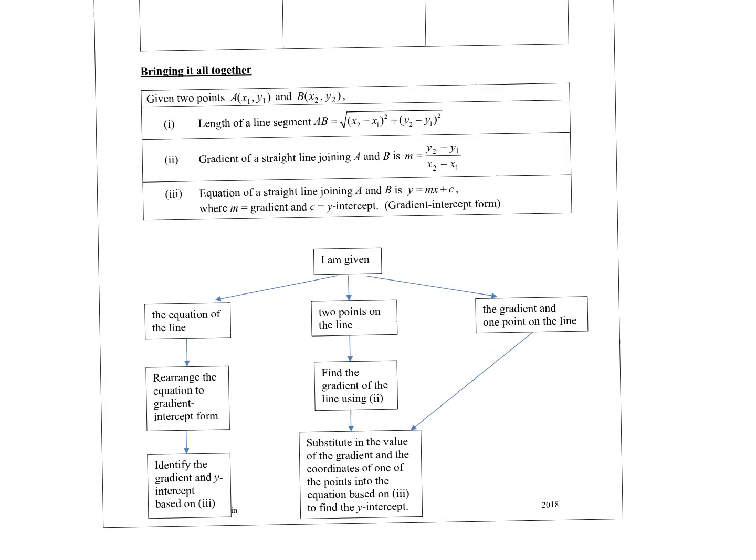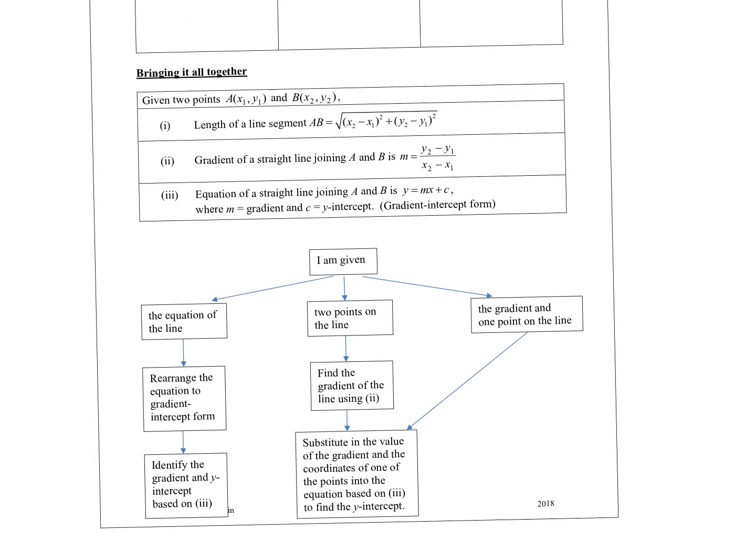Okay, this one. If you need a summary of the whole chapter, it is this page. So if you are wondering whether you want to make notes or what, this page talks about everything. This is your 4.1, 4.2, 4.3.